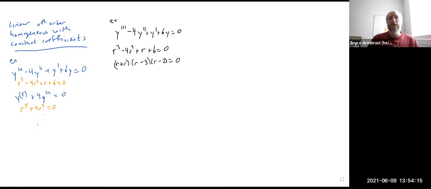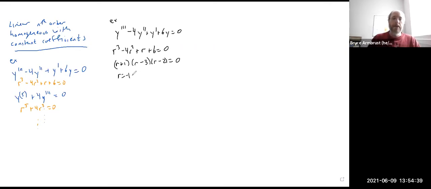If you plugged in 1, you'd see 1 minus 4 plus 1 plus 6 doesn't work. But if you plug in 2, you get 8 minus 16 plus 2 plus 6, which equals 0. That tells you r minus 2 is a factor. You can divide it out, and then factor the remaining one. Just don't forget those tricks.